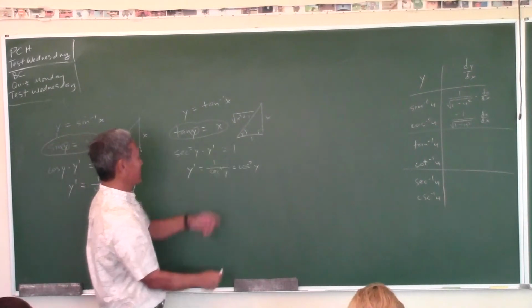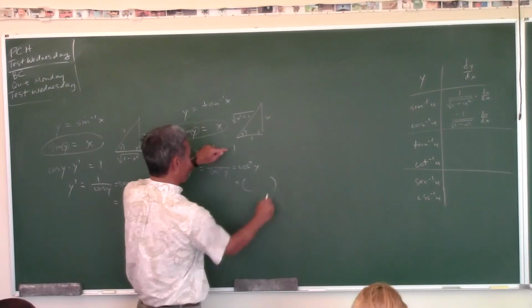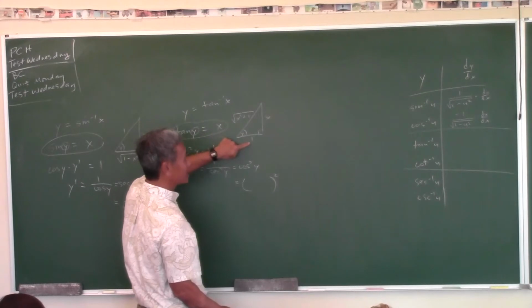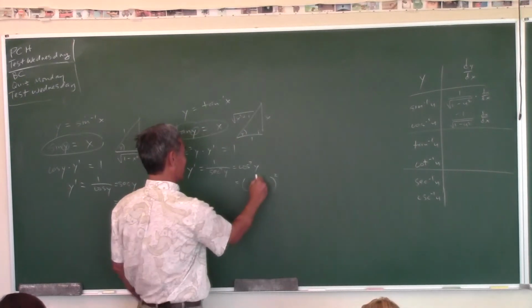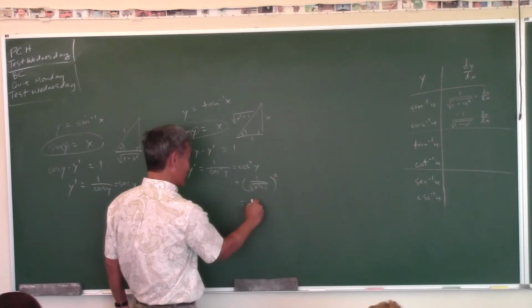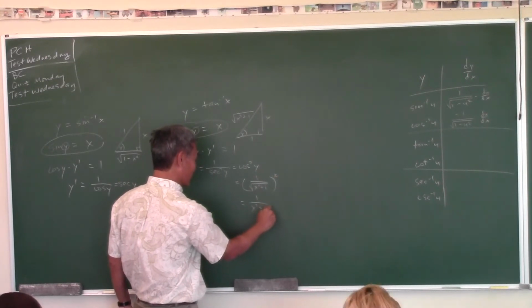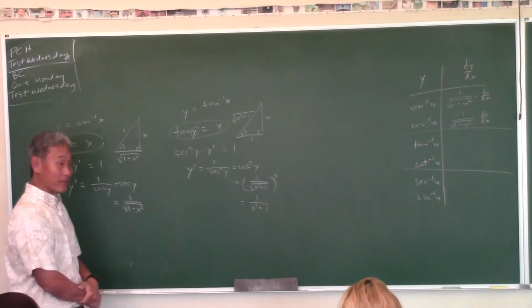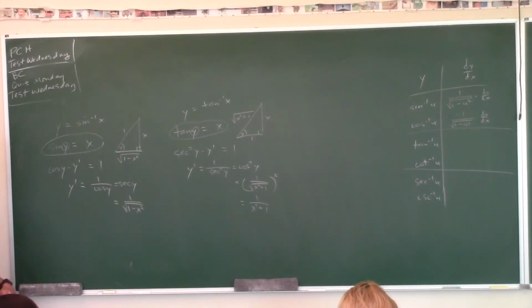So now, looking at the picture, what is cosine of angle y? Adjacent over hypotenuse. And then you have to square it, so you get 1 over x squared plus 1. That's the derivative of tan inverse x. It's 1 over x squared plus 1.